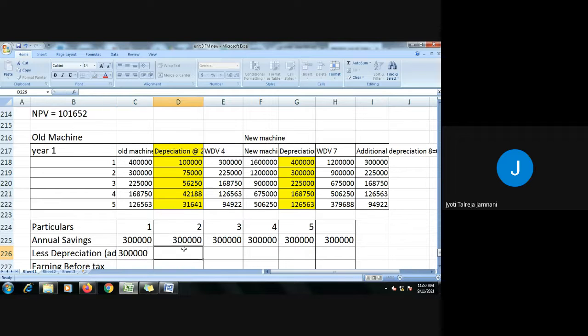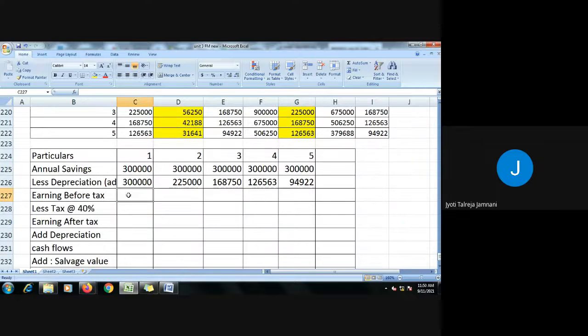So first year 3 lakh, second year 2 lakh 25,000, third year 1 lakh 68,750, fourth year 1 lakh 26,563, and fifth year 94,920. So once we get the additional depreciation, we will do annual savings minus depreciation.